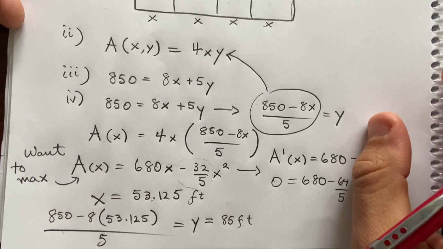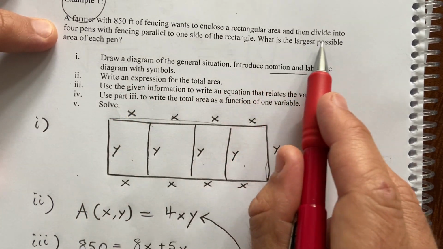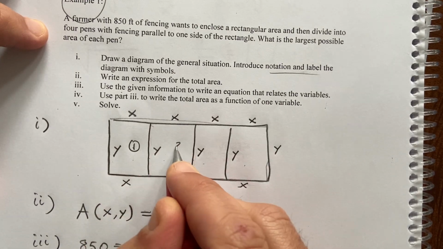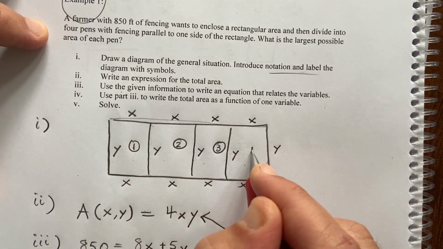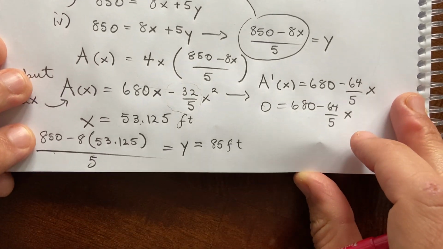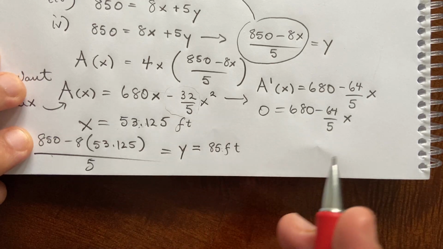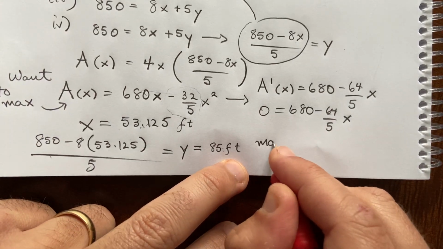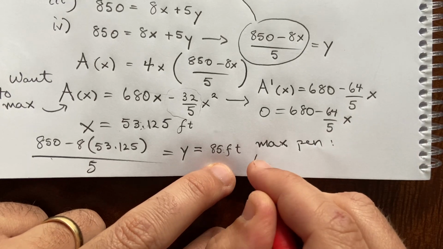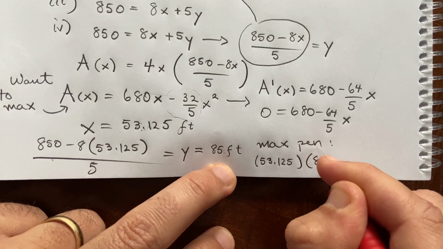Keep in mind what the question was. It says, what is the largest possible area of each pen? So we have a pen here, here, here, and here. So I just found that these are the maximizing dimensions of those pens. So the max pen would be 53.125 times 85, right?